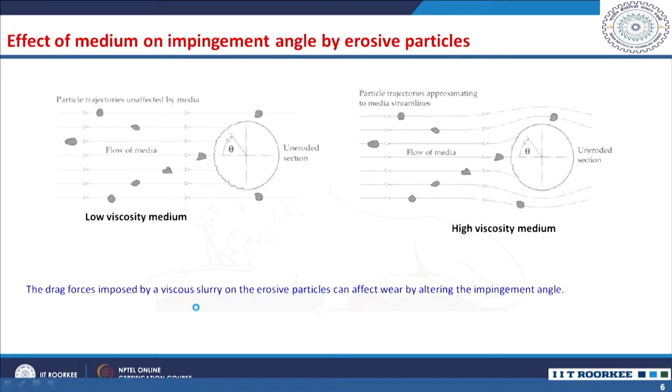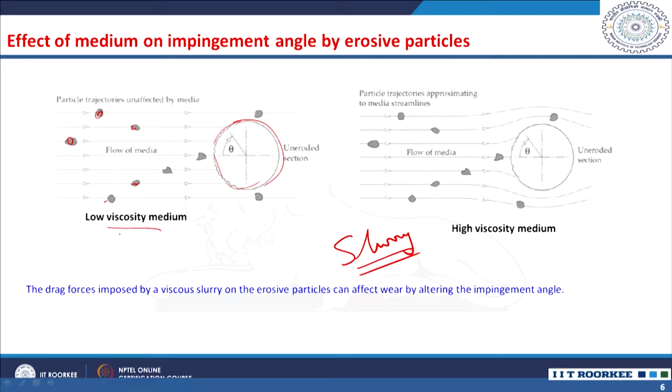In a particle plus fluid mixture, we generally call this slurry erosion, where the slurry is formed by a mixture of particles and fluid. The fluid can have low or high viscosity, and the particles flow in this medium and impinge on the surface.